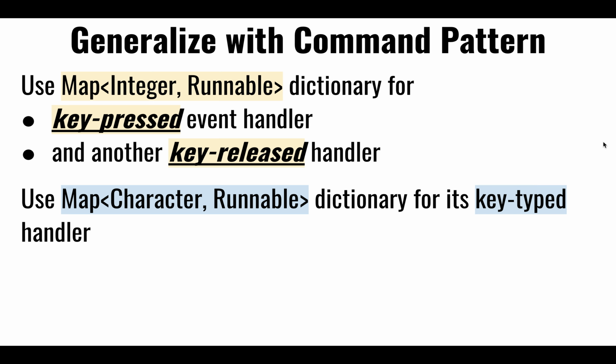So we'll put all our runnables in there that handle those 2 types of events, and then we'll have another map. I'm sorry, 3 maps that map the key presses, the key releases, and the character that we typed.